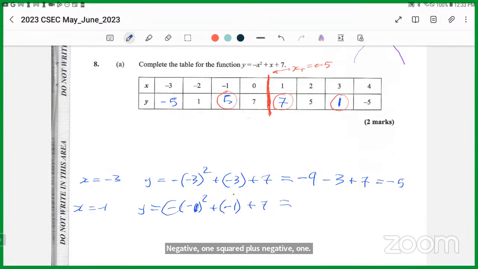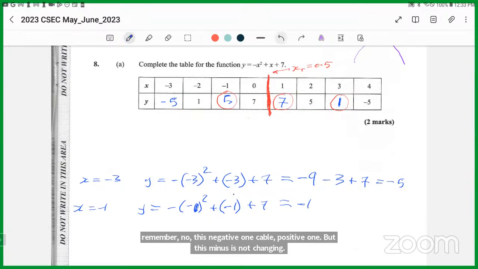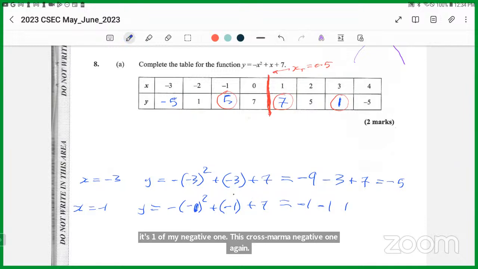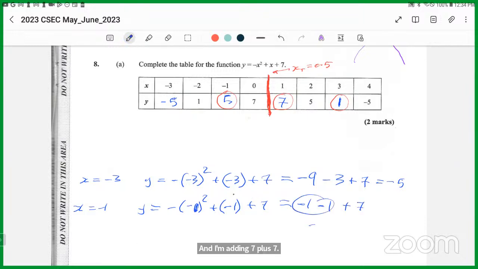Remember, this negative 1 squared becomes a positive 1, but this minus is not changing, so it becomes a negative 1. Then this plus minus 1 becomes a negative 1 again, and then I'm adding 7. These two add up to negative 2. Negative 2 plus 7, same as 7 minus 2, is 5. So you see, it proves it's the 5 that I have right here.